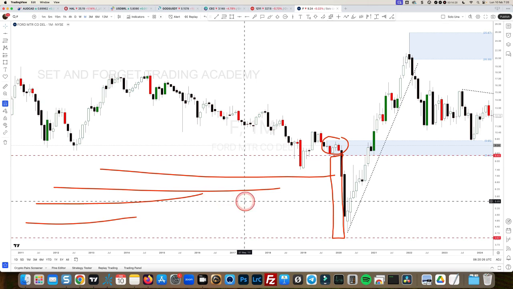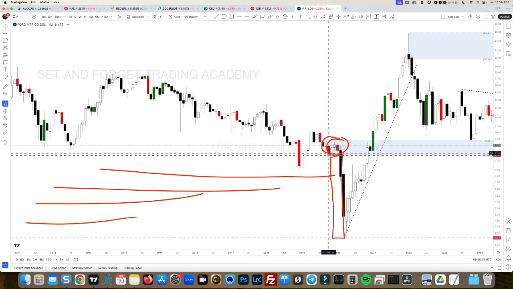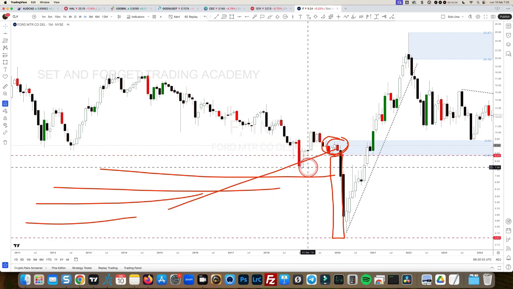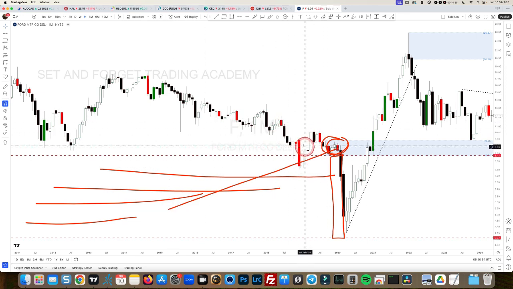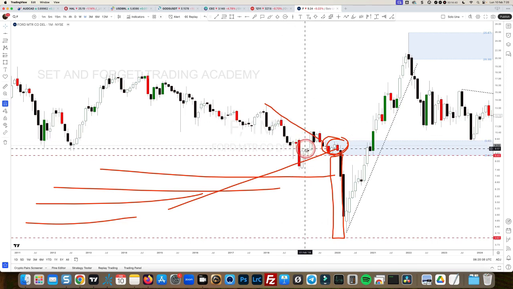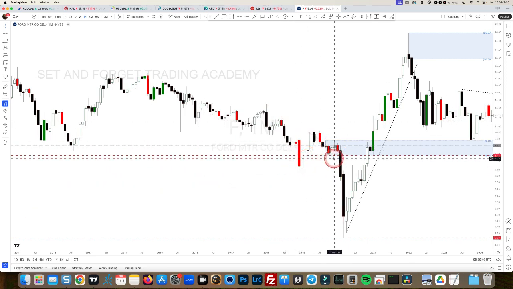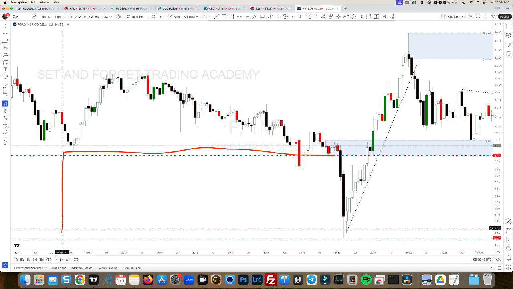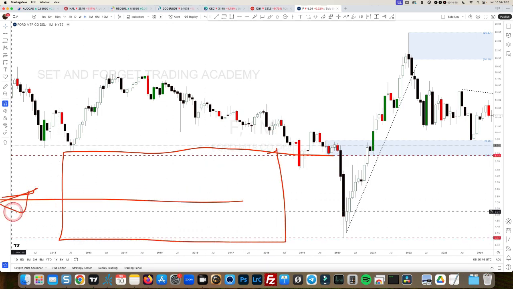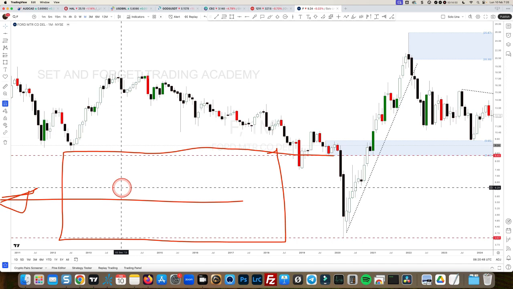Because a supply level is created when it eliminates a demand level on the left or it breaks a bearish trend line, and there's nothing broken here. So this is not demand. Demand necessarily needs to be within this range in the past. Make sense? That's the way it works.